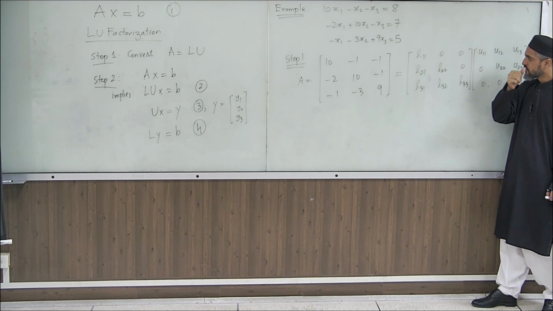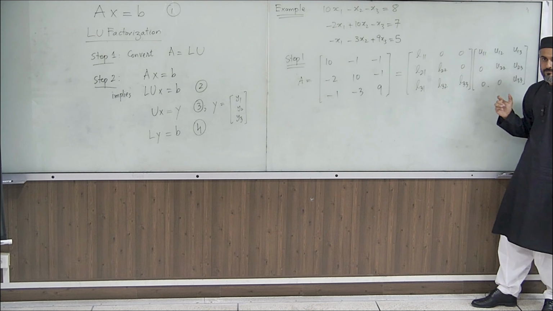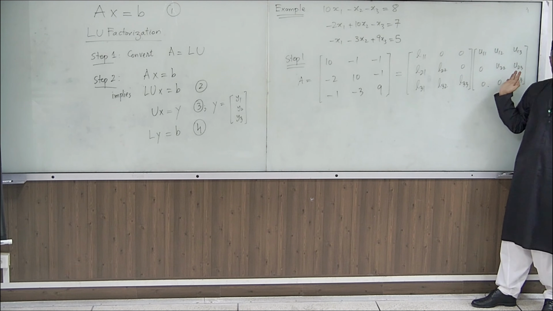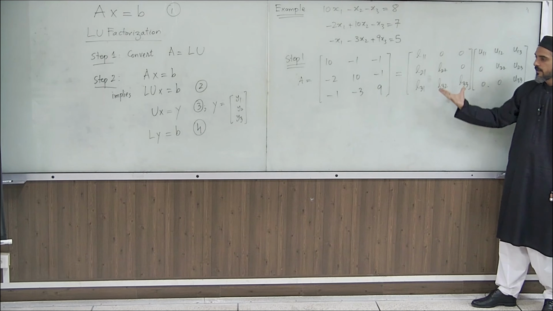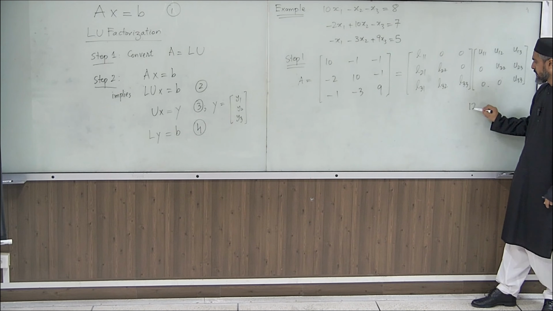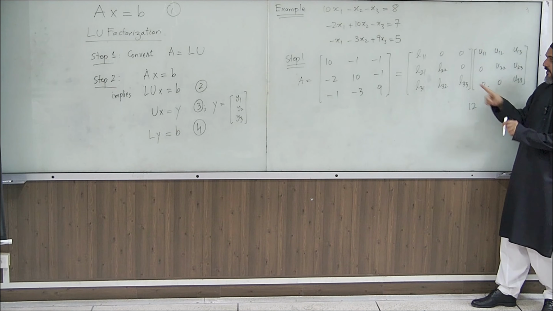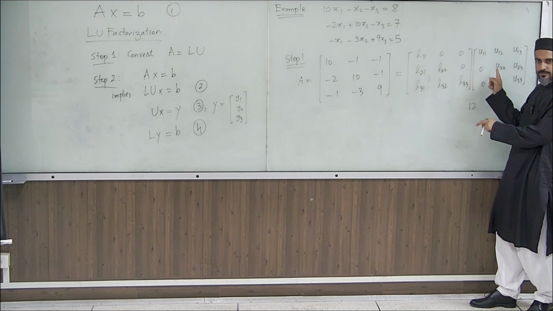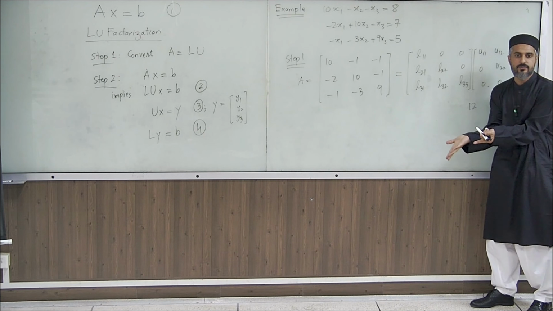After doing this, we have to find these Lijs and Uijs. How many are they? We got 6 here and 6 here, so the total is 12 unknowns. Once we multiply a 3 cross 3 matrix with a 3 cross 3 matrix, it will again be a 3 cross 3 matrix.